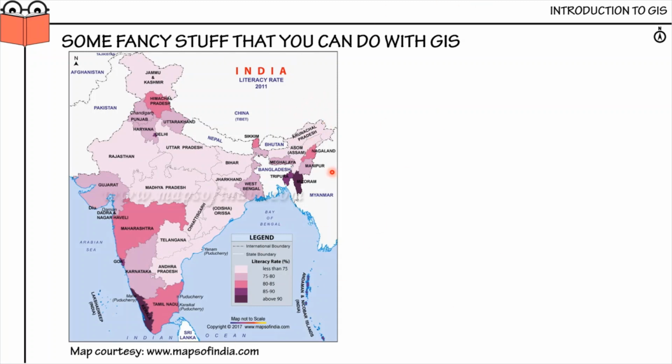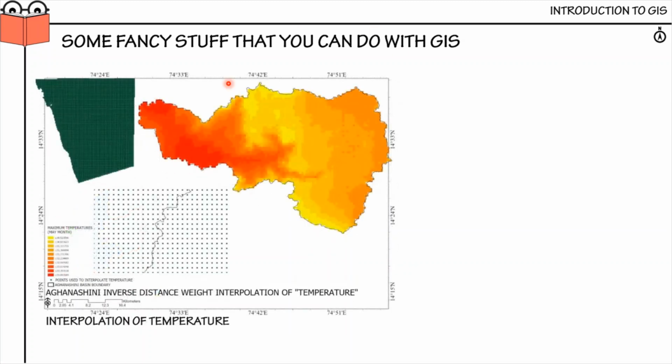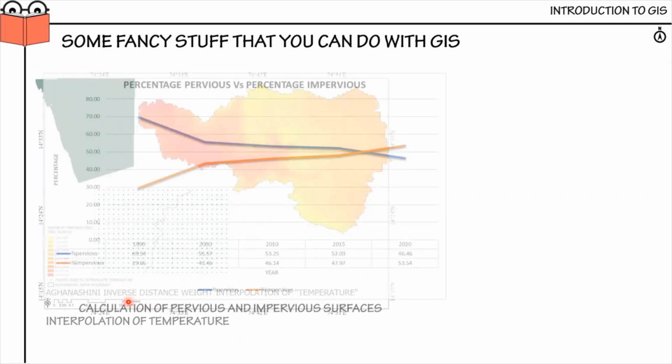So if this is one of the most basic things I think GIS platforms can do, it can do some really fancy stuff too, like delineating a watershed, and it can also interpolate temperature. These are all some complicated processes probably which we will touch upon, say, in future videos.